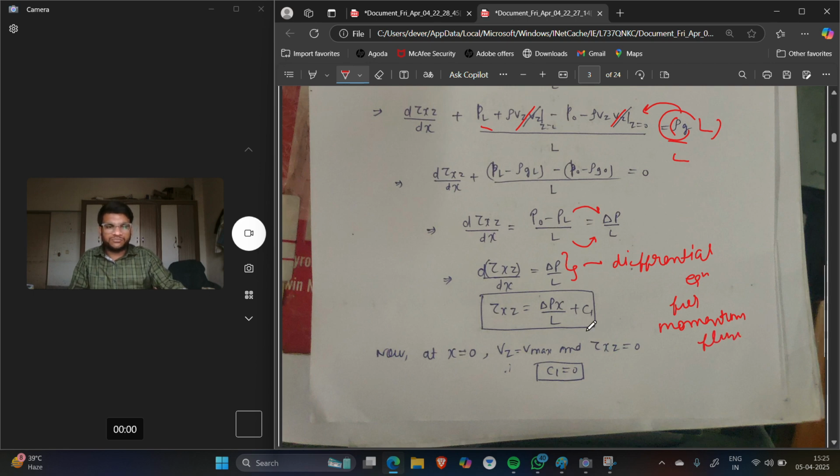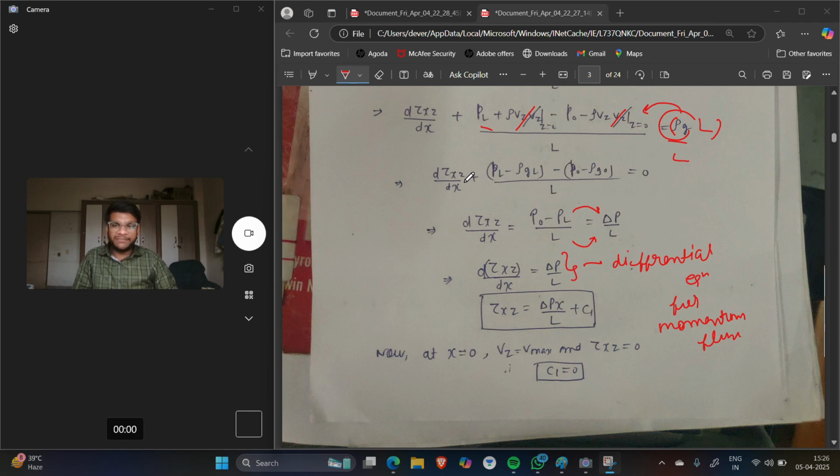Okay. Now I will simply integrate it. So I will get tau xz equals delta p x by L plus C1. Now I think we should discuss all three boundary conditions which we will be using in this question and in all questions of shell momentum balance, to find the constant value.